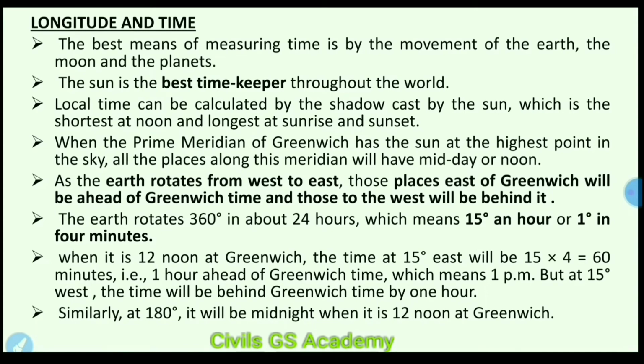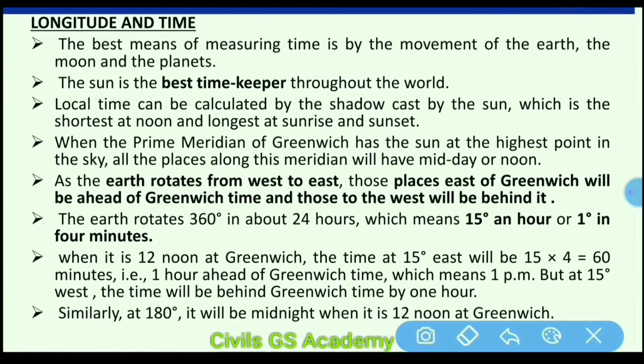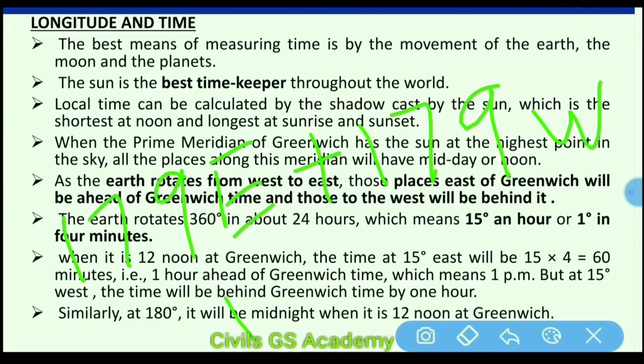See, there are 179 east longitudes plus 179 west longitudes, okay, plus 180 degree longitude plus 0 degree longitude. So in total it becomes 360. Clear?